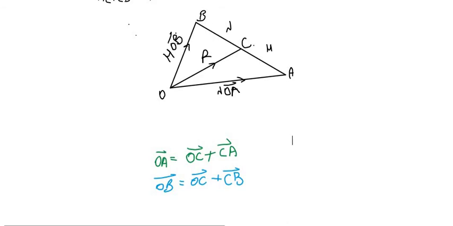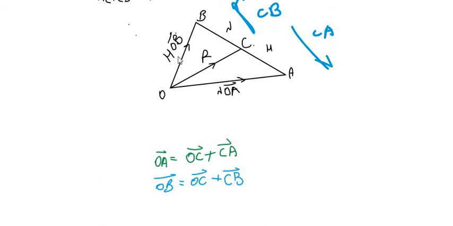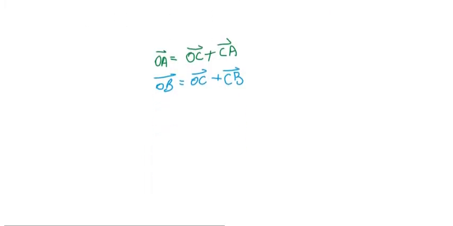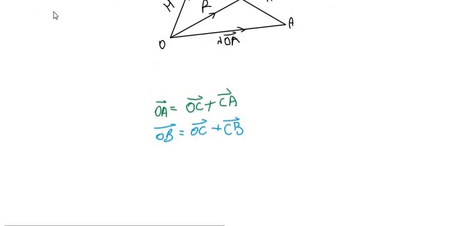Let me just tell you that I am moving from here to here. The direction of this force CB is this, and the direction of this force is CA, which is from here to here. So I have resolved these two forces into their components, and now I am going to use these equations to find R.